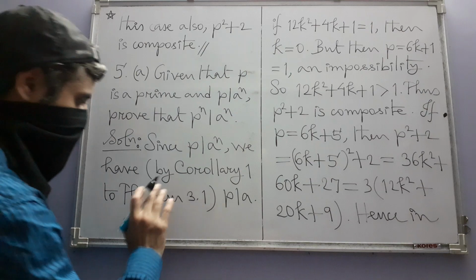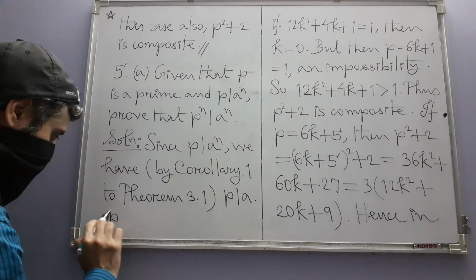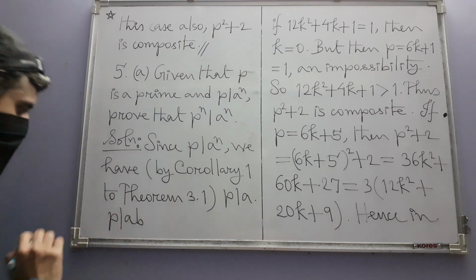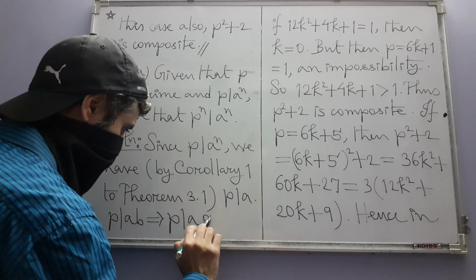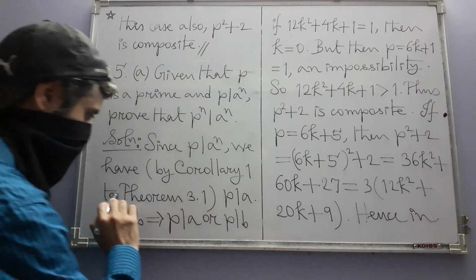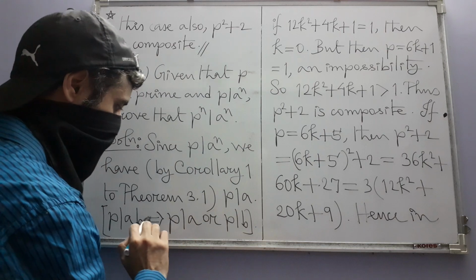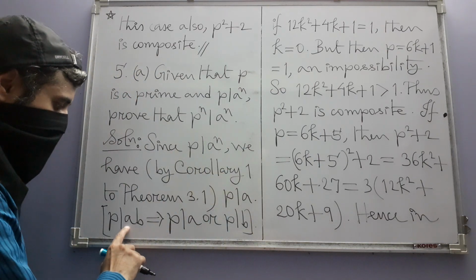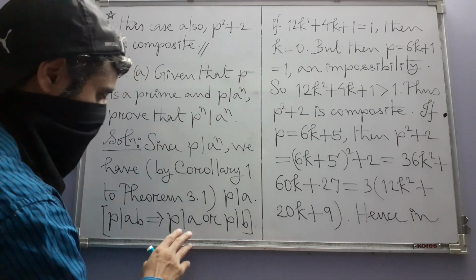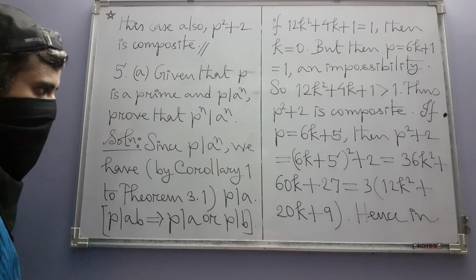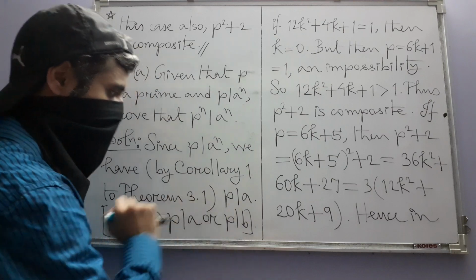Do you remember? It says that if p is a prime that divides the product of 2 integers, then p has to divide at least one of them. The corollary extends this to any finite number of integers. We apply it here with n integers, all of which are a, so p has to divide a.